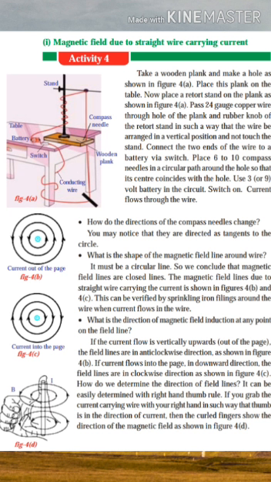When current flows in the wire vertically upwards out of the page, the field lines are in an anti-clockwise direction as shown in the figure. In figure 4b, if current flows into the page in the downward direction, how do we determine the direction of the field lines?